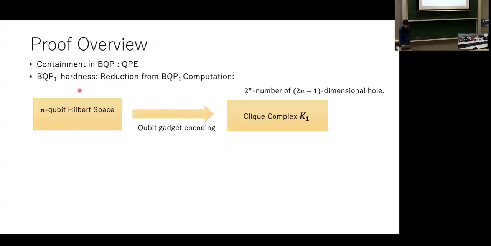The first step of the proof is to prepare the initial simplicial complex K1. We make this simplicial complex such that the n-dimensional Hilbert space can be encoded into the harmonics of this complex. So this complex K1 should have exponentially many holes.